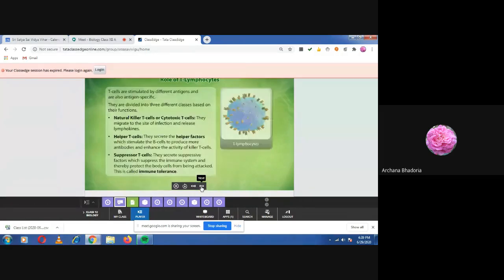Now, the T cells are stimulated. So this you write down. They are of different types. T lymphocytes are divided into three different classes based on their function: natural killer T cells, helper T cells, and suppressor T cells.